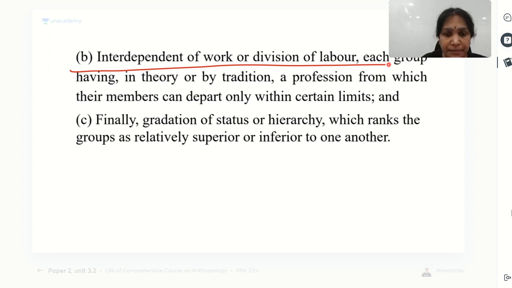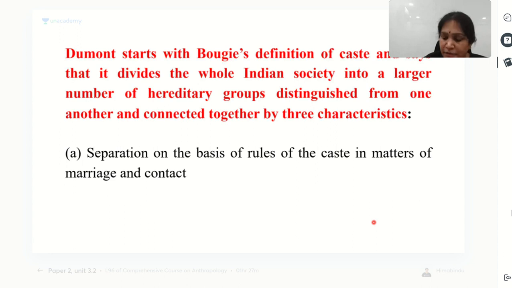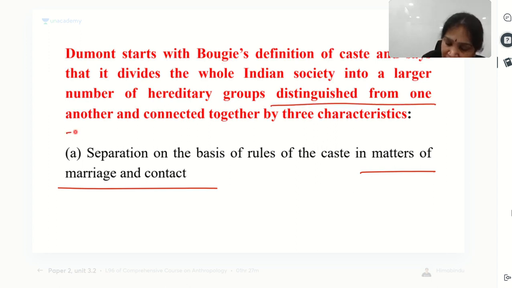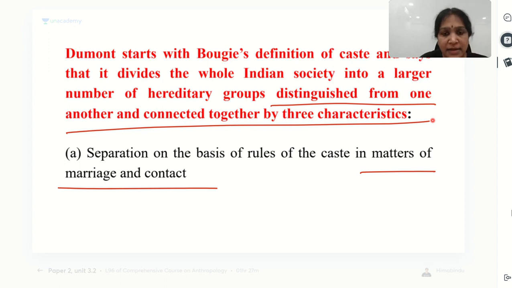That is the second principle. Each caste is unique, but all castes have some common features. Every caste will follow these rules of marriage and contact. Every caste is unique, but all castes have some common properties, distinguished from one another and connected together by three characteristics.